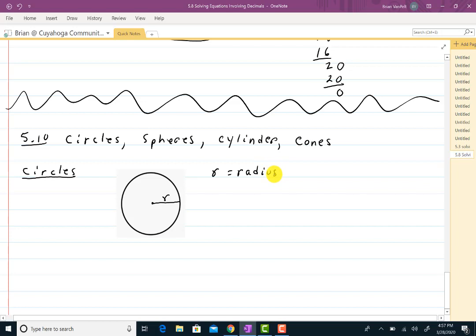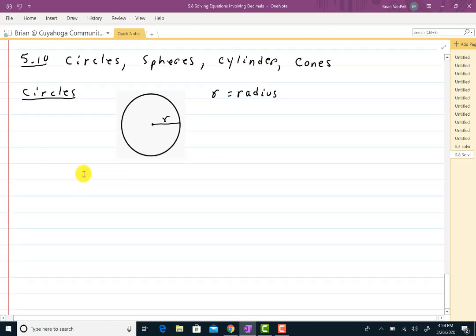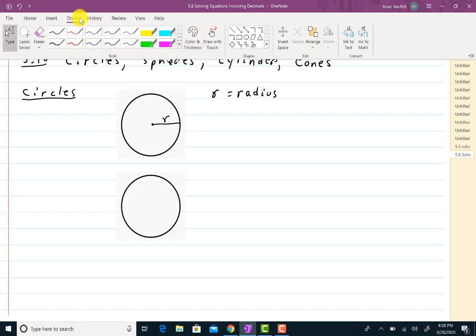So the r equals the radius. And if I go all the way across, that's the diameter. I don't want to write it at the same time, so let me try to keep everything straight. I don't think I have a straight line for this.